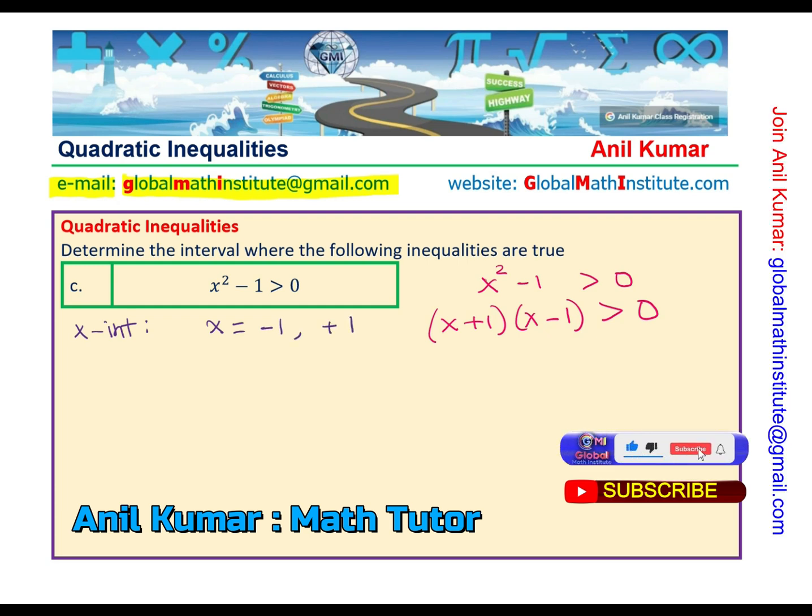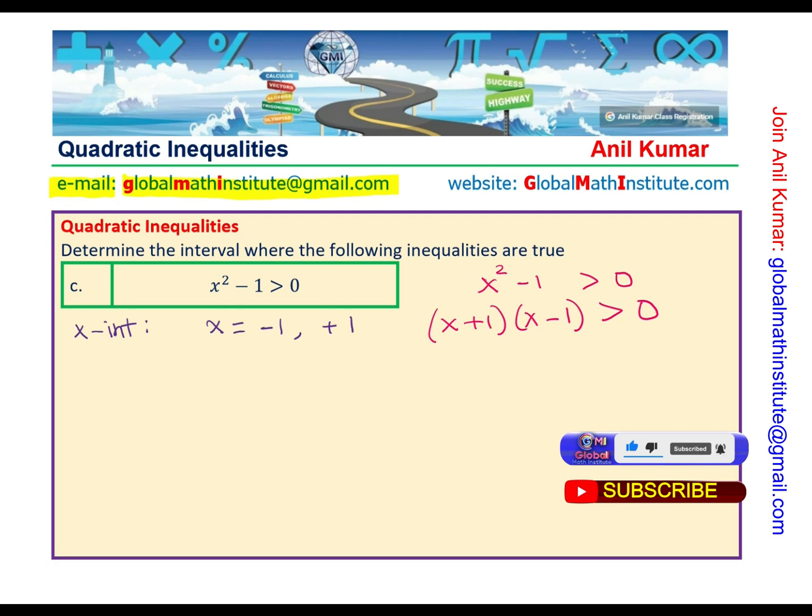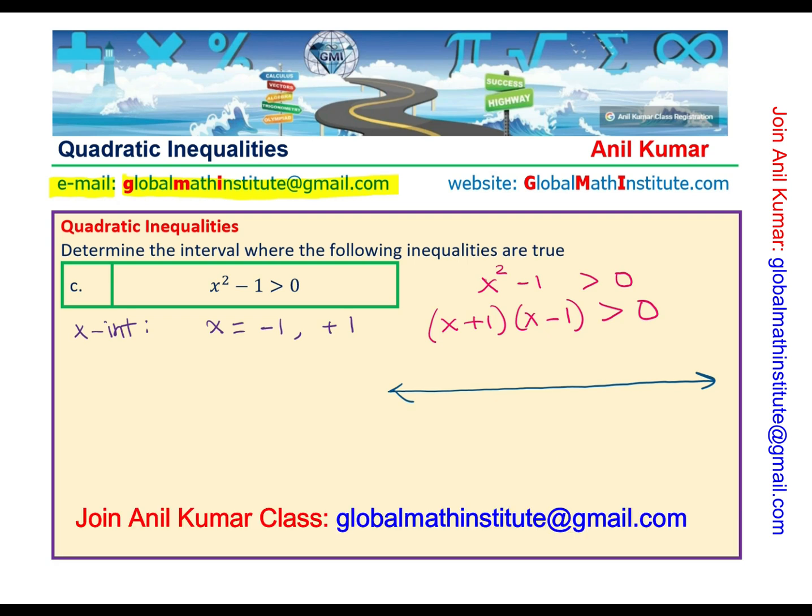So now, we'll again, on a number line, check the intervals. We have two zeros, one at minus 1, the other at plus 1. We need to take test points. From minus infinity to minus 1, minus 2 can be the test point, 0 in between, and 2 thereafter.